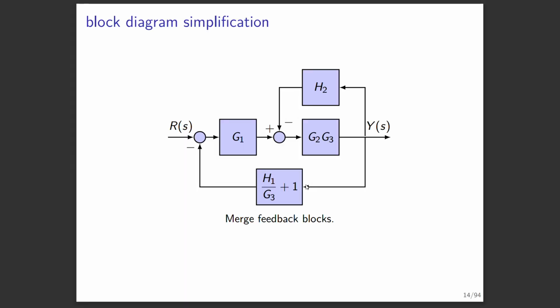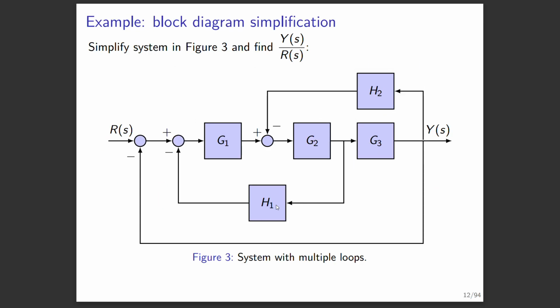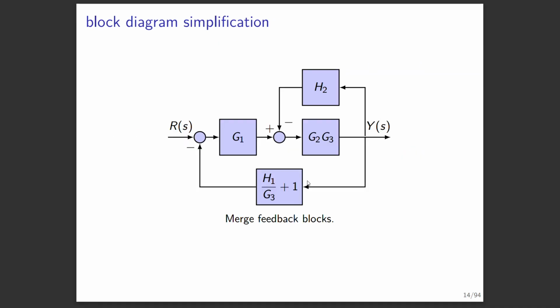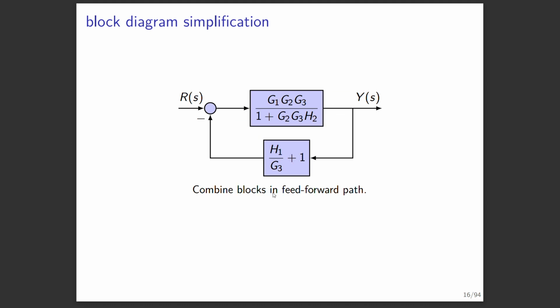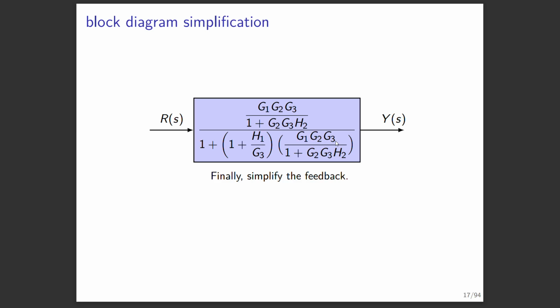So then what happens is that if I move the pickoff point here, I can combine it with this route with just adding a 1. Whatever I have, I can just add a 1. And then I have a feedback loop here, which I can use the formula to simplify. Then I just simply multiply G1. Then I have a feedback loop that creates this much larger transfer function. So this is the closed loop transfer function of the entire system.